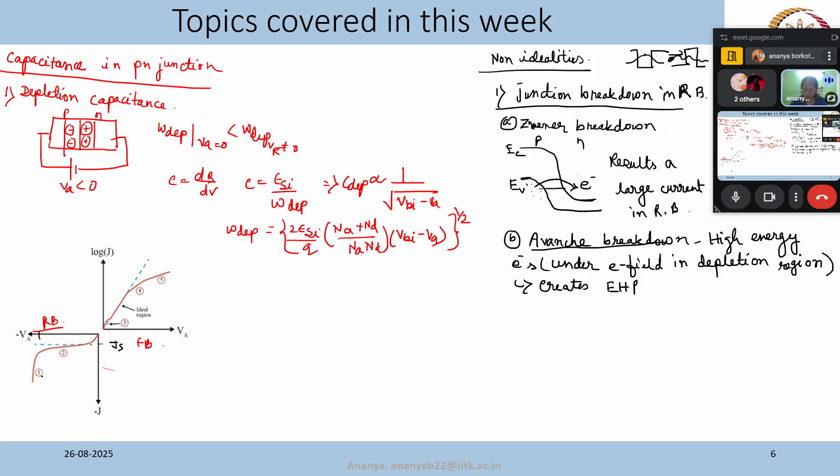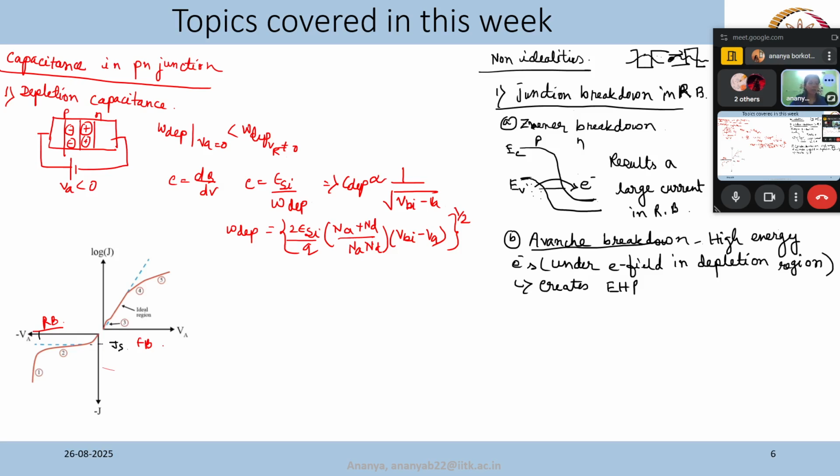this is the first region, and in the second region the current is a bit more compared to what we expected as JS. This is because when the reverse bias voltage is high but still below the breakdown voltage, the width of the depletion region will increase.